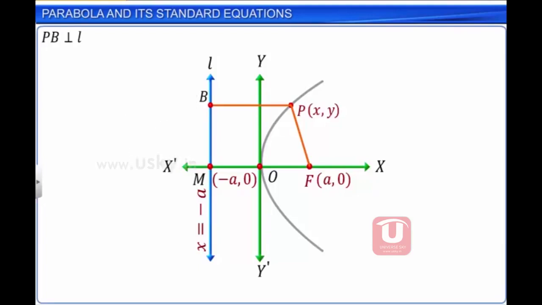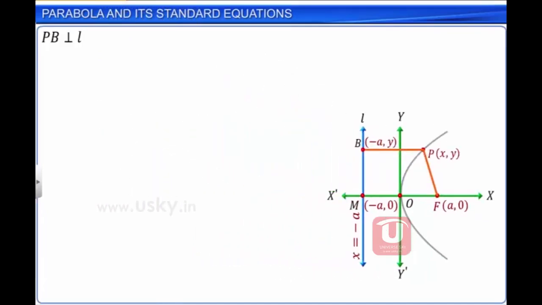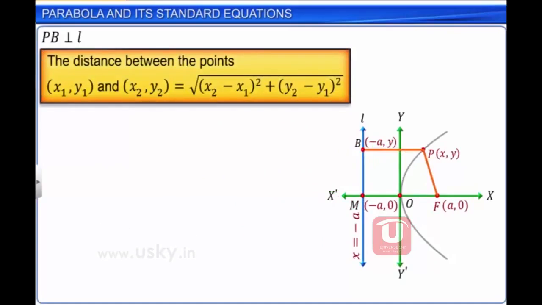Since point B lies on the directrix, its x-coordinate will be -a. The y-coordinate of point B will be the same as that of point P, that is, y. We already know the formula for calculating the distance between two given points.